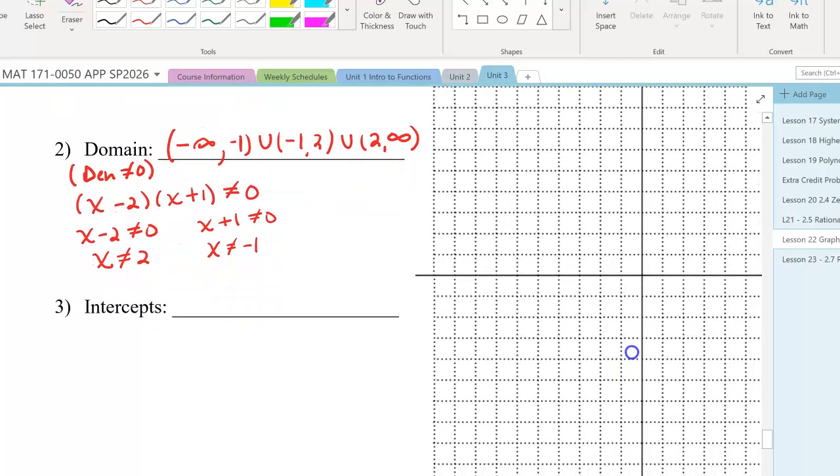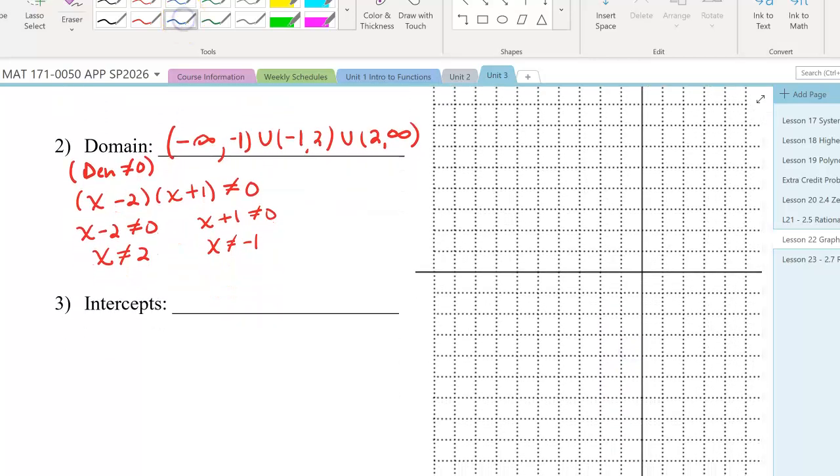All right. Now to find your x and y intercepts. So remember, to find your x-intercepts, you're going to let y equal 0. And for a rational function, you can just set the numerator equal to 0. So I have x minus 2 is equal to 0, so x is equal to 2. You always need to check your x-intercepts against your domain.